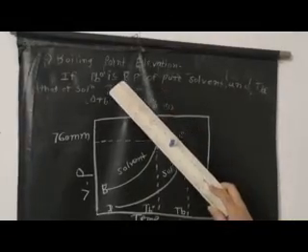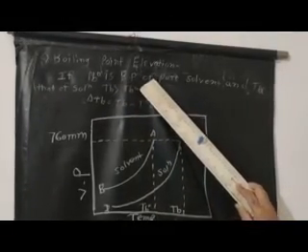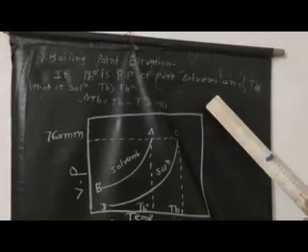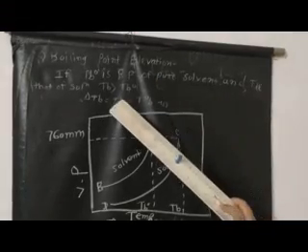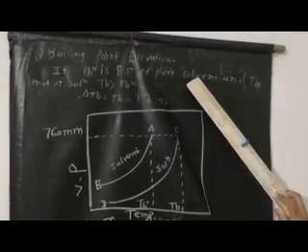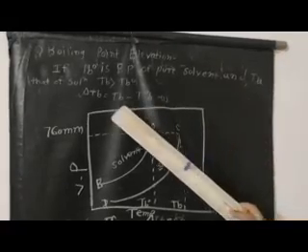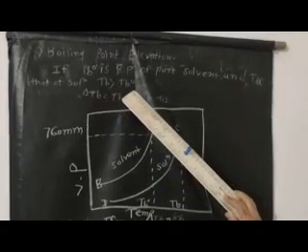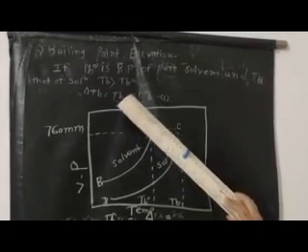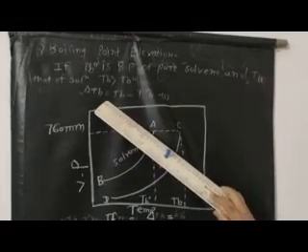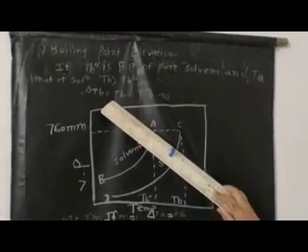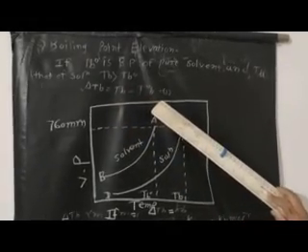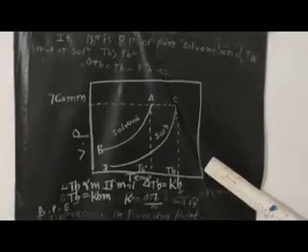The next point is boiling point elevation. Boiling point is the temperature at which the vapor pressure of a liquid is equal to the atmospheric pressure. If Tb⁰ is the boiling point of the pure solvent and Tb is the boiling point of the solution, Tb is greater than Tb⁰. Hence delta Tb, the change in boiling point, is equal to Tb minus Tb⁰.